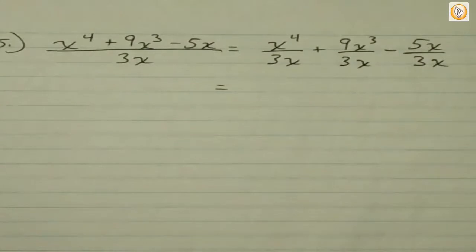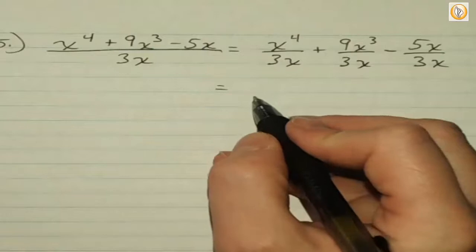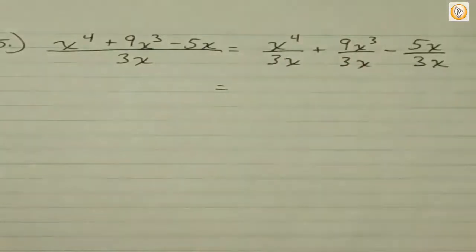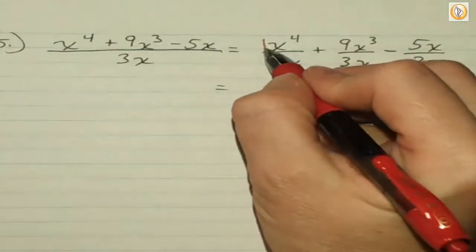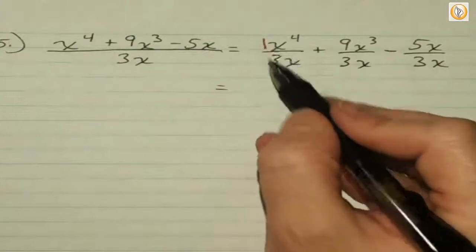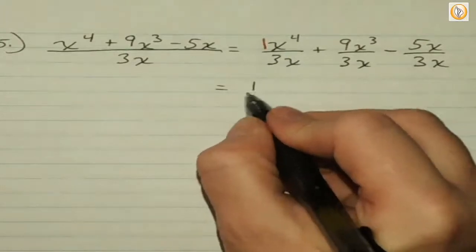What would the first one be if I divide x to the power 4 by 3x? Okay, so is there a number up here? Well, yeah, 1. What do we pretend is there? 1. We're not dealing with decimals, so guess what? This stays as a fraction.